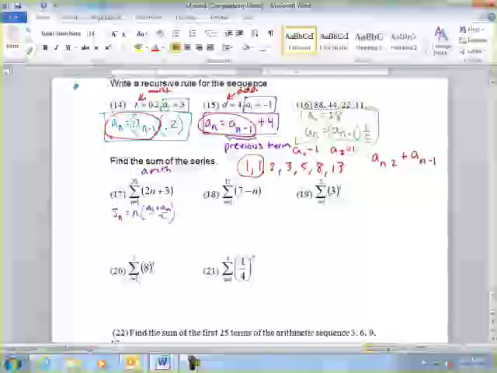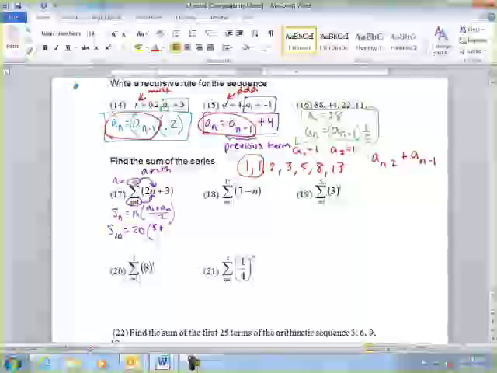N is the top value of the summation. So N is 20. How do I find a sub 1? Plug a 1 into the rule. So that gives me 5. And how do I find a sub n?